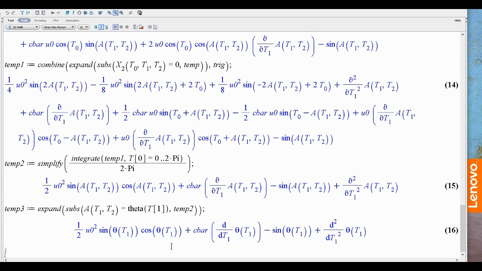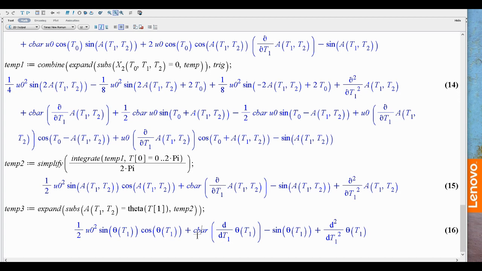You will see now what happens for small theta. Let us do that one. You will see this is of course C bar theta dot. This is theta double dot. There is a minus sine theta, and there is a sine theta, and then cos theta u0 square by 2. So if you think of small theta, this is like an oscillator inertia term.